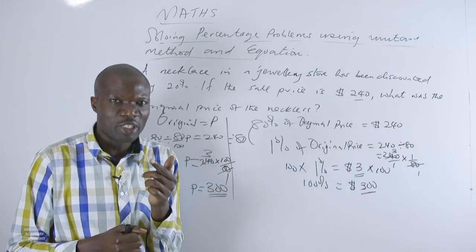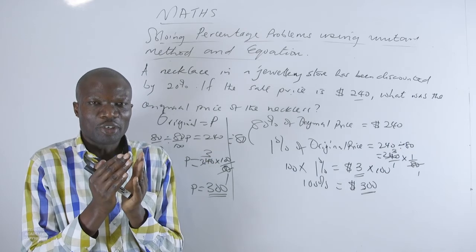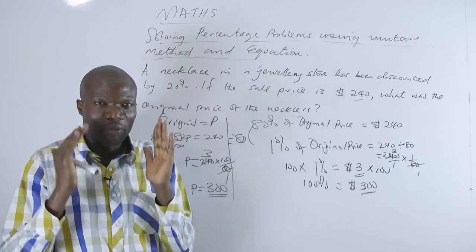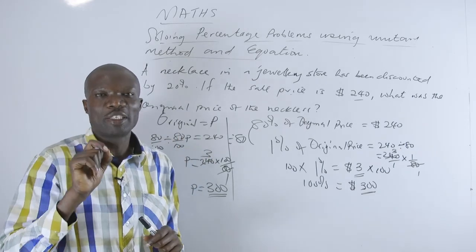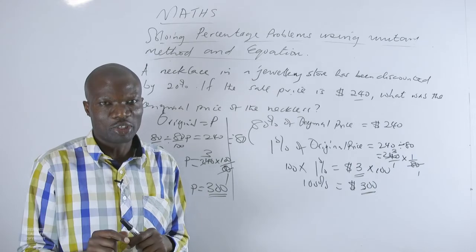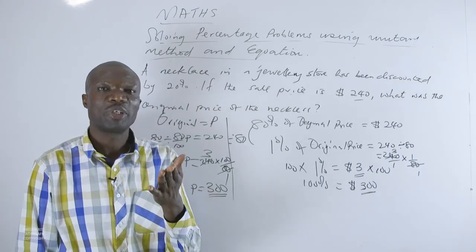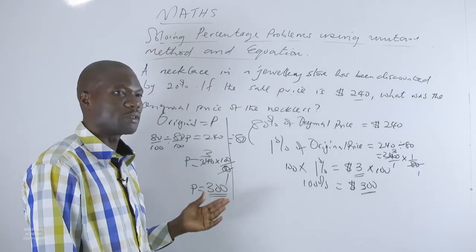That's why we kept on insisting: the moment you have been given a percentage, first convert it into a fraction, and then you work it out. It will be easier as you solve this.